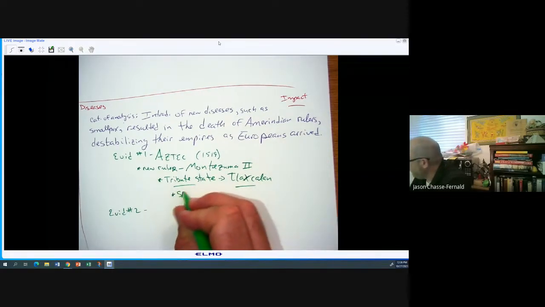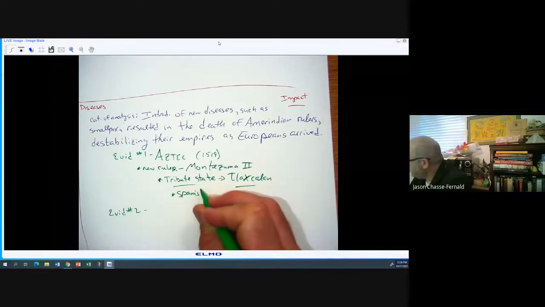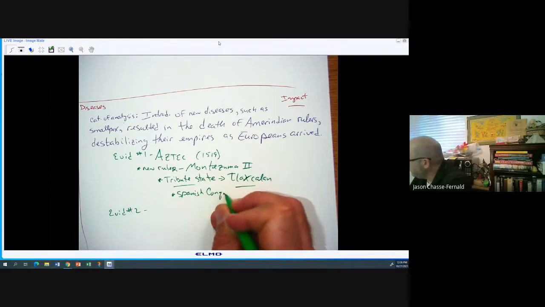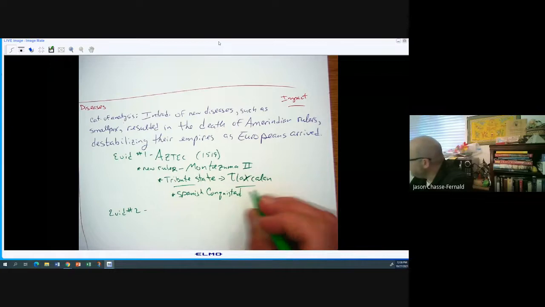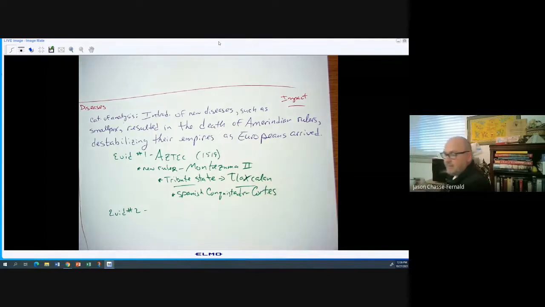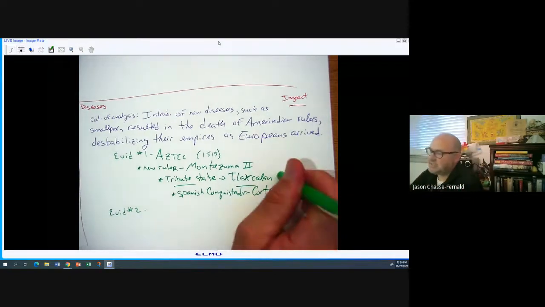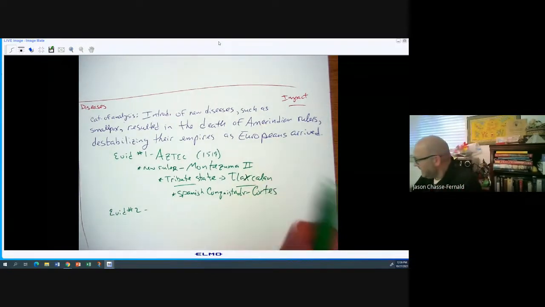And of course our Spanish conquistador is Cortez. Sometimes you see that spelled with a Z at the end. So the short story is you've got a new ruler of a tribute state empire with loose loyalty connections among its tribute state members.